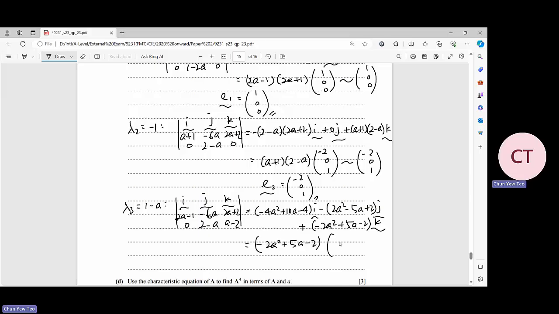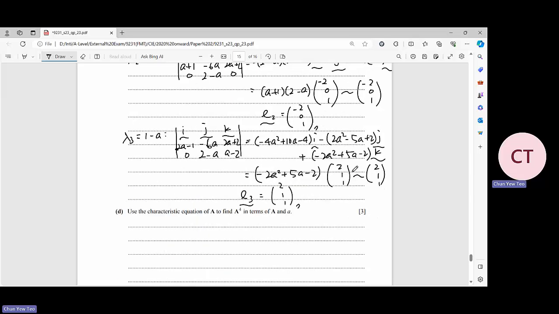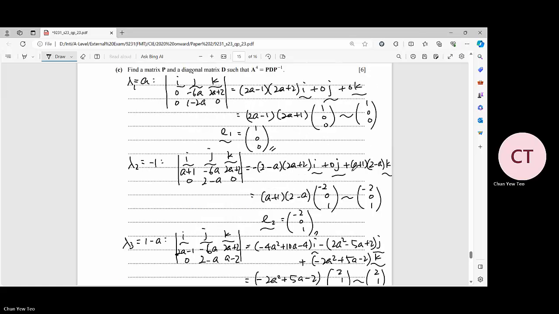Then the whole thing that I have inside here will be 2, 1, 1. So therefore, my E3 will be 2, 1, 1.